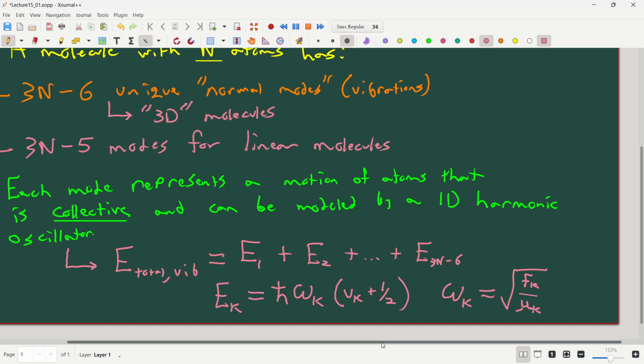Things will break down, but we're not going to worry about that. They break down for the same reasons that the harmonic oscillator breaks down for the diatomic molecule. So again, the analysis is precisely the same. It's just now we're dealing with things collectively over a large molecule instead of just one bond.